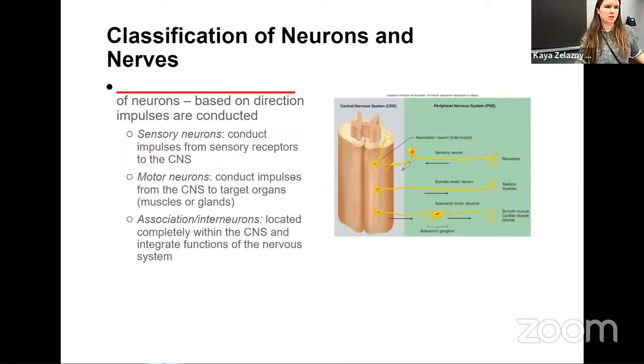Say a receptor in your finger senses that you touch something. This will then conduct an impulse into our central nervous system. This is a picture of the spinal cord as our example. So that's a sensory neuron.